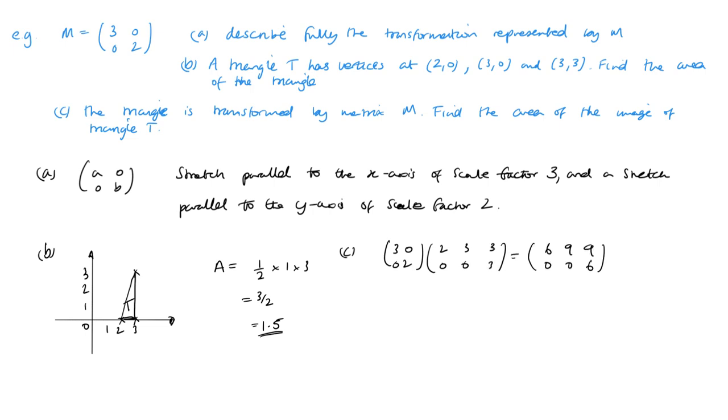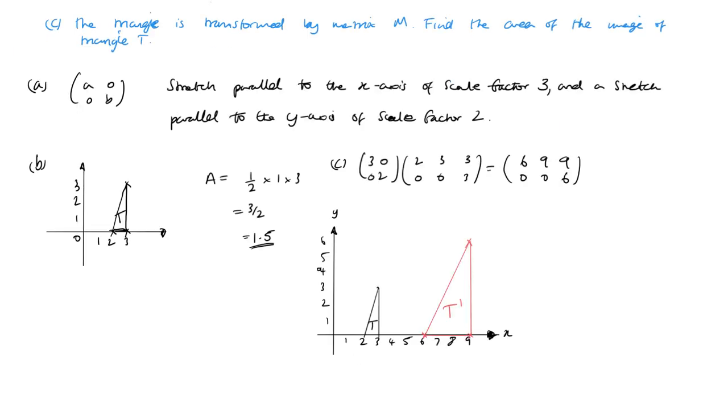And these are the coordinates I've ended up with: (6, 0), (9, 0) and (9, 6). So here we have the original triangle and the new triangle, the stretched one. It's been stretched by a scale factor of 3 in the x direction and 2 in the y direction.